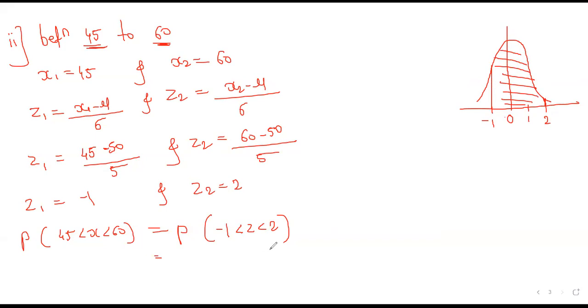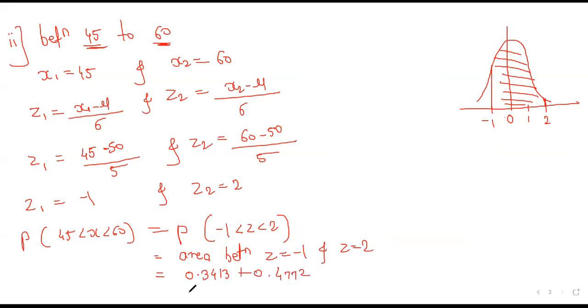Just we have to add 2 values, right? So probability of -1 is less than z less than 2 is nothing but area between z is equal to -1 to z is equal to 2. So which is equal to काय? 0.3413 plus 0.4772, right?